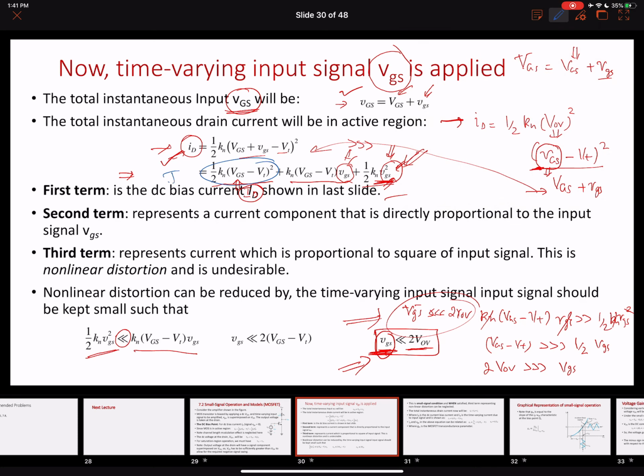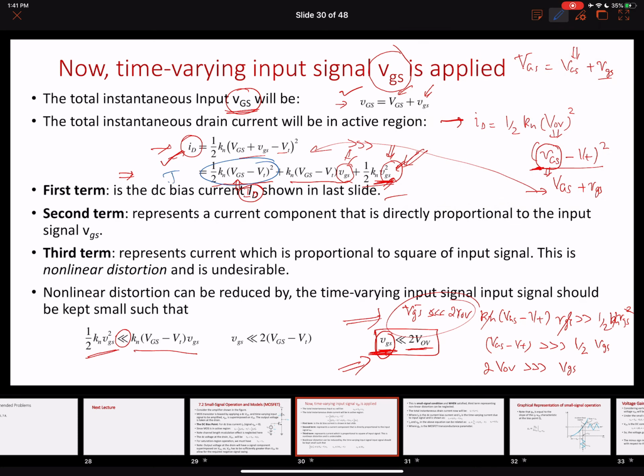So the value of the transconductance gain can be written as Kn VOV. Our gm is the MOSFET transconductance parameter, and this also represents the gain value.